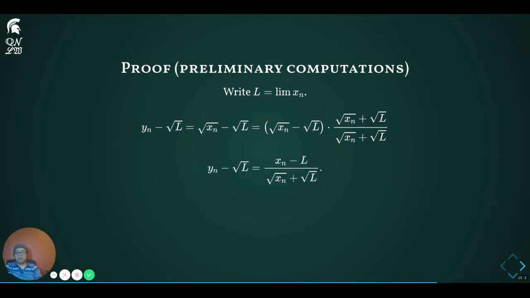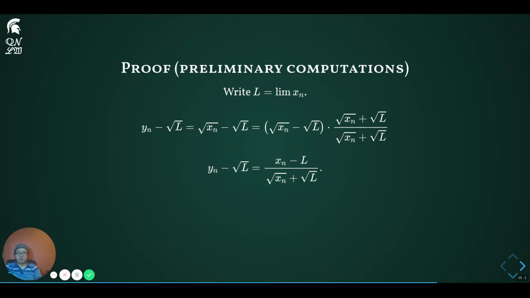Expanding and simplifying, we come to the conclusion that the quantity y sub n minus square root of L can be rewritten as the quantity x sub n minus L divided by the quantity square root of x sub n plus square root of L. The benefit to this form is that since we know that x sub n converges to L, we can use the definition of convergence to replace the numerator by an epsilon.